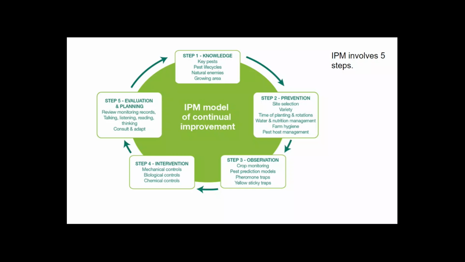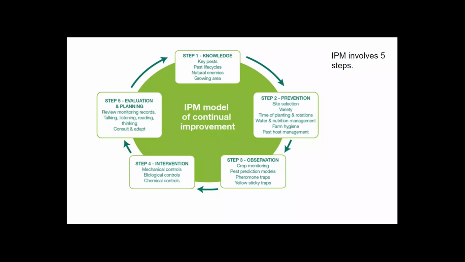We can do prevention by correct site selection and using the correct variety, using resistant varieties if possible. Time of planting: planting at certain times will increase the likelihood of fungal infections and so on.